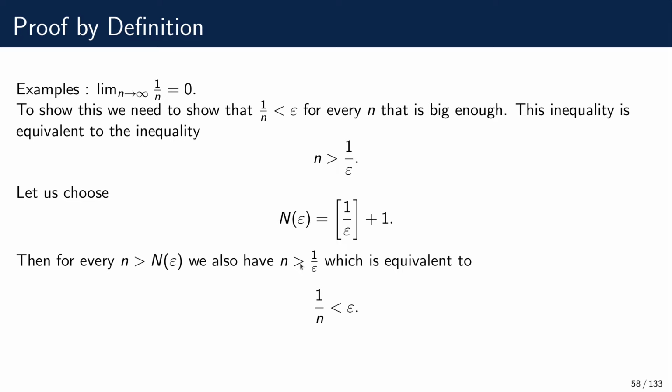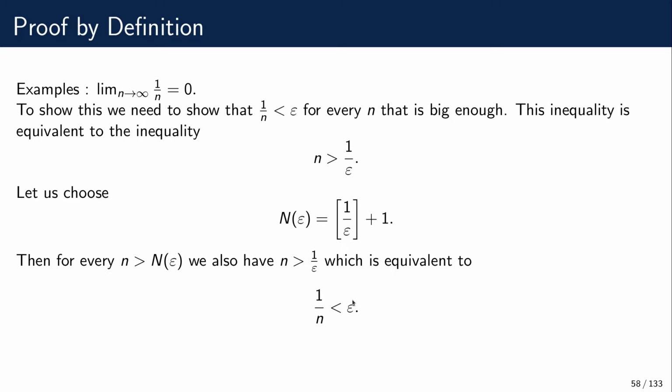And if n is bigger than 1 over epsilon, this is equivalent to saying that 1 over n is smaller than epsilon. That is, we have proved that for every epsilon, we can compute n of epsilon by this formula, and then for every natural number n greater than this n of epsilon, we will have that 1 over n minus 0 absolute value is smaller than epsilon.